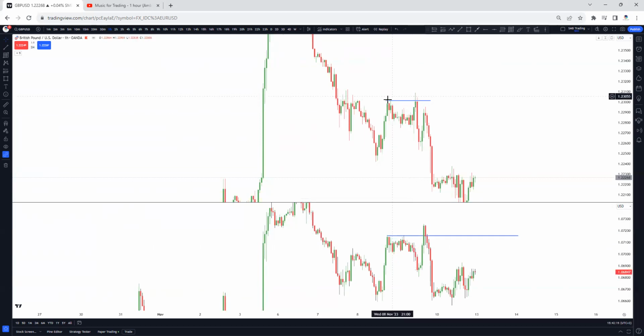So when GU took this liquidity, EU was moving down to the downside. While GU was taking this liquidity, EU was going down. This simply means that there is smart money involved grabbing liquidity.